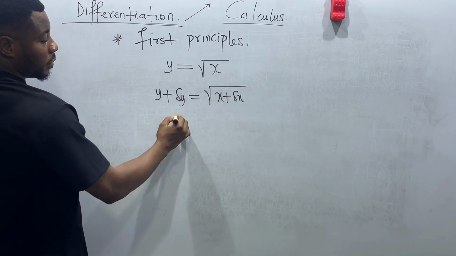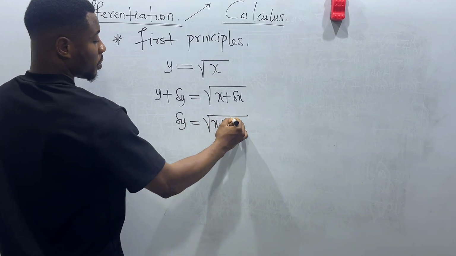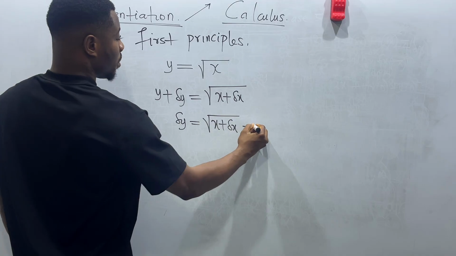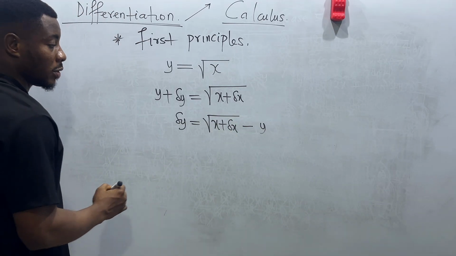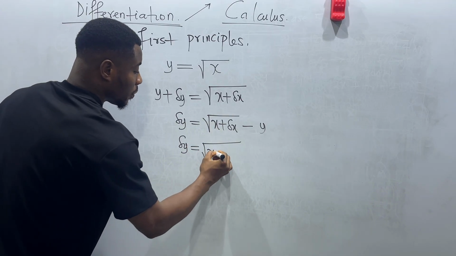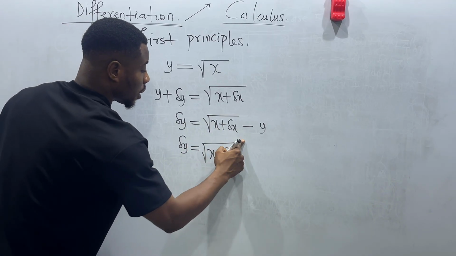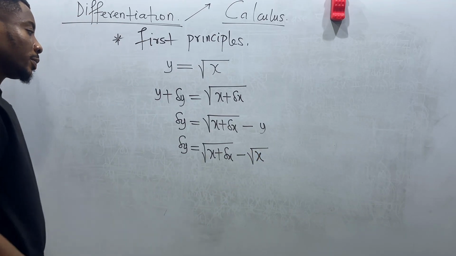So we're going to have change in y is now equal to square root of x plus change in x minus y. Remember that y is square root of x, so we now have that change in y is equal to square root of x plus change in x minus square root of x.